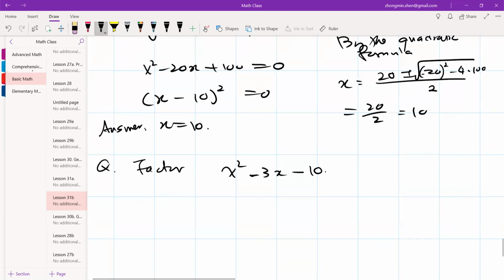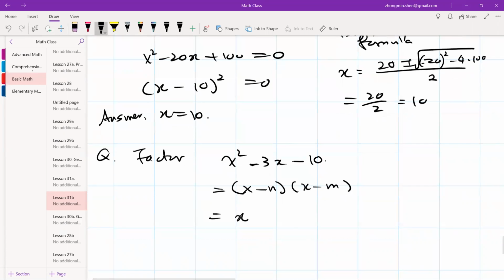I can write (x plus n)(x minus m), for example. When you multiply this out, it'll be x squared minus nx minus mx plus nm. Maybe let's choose the positive sign, it doesn't matter. So it's (n plus m)x and nm.